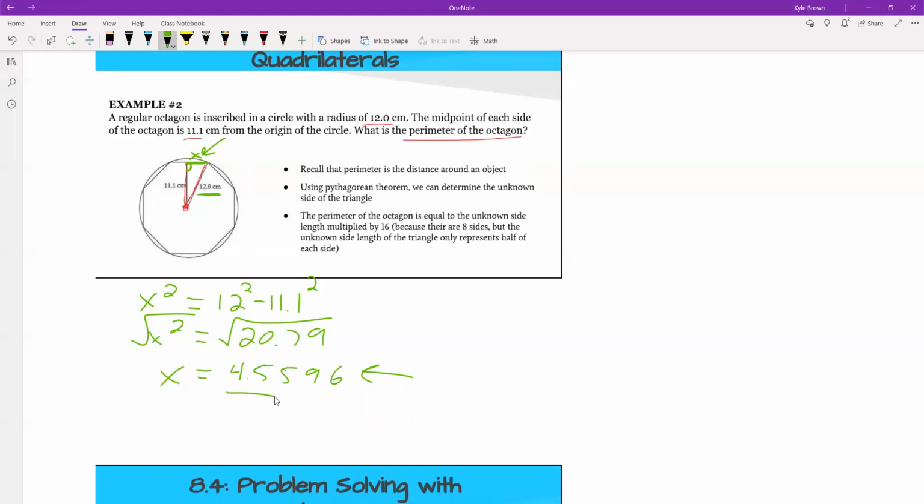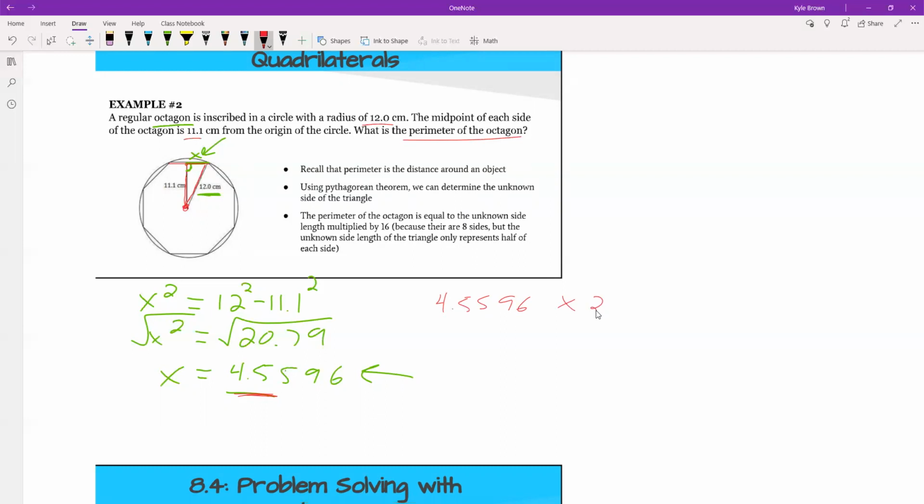Now, I'm dealing with an octagon, which has 8 sides. So a good way to do this is to figure out what one of these sides is. If half of it was that number, then I can figure out the whole thing just by going times 2. So 4.5596 times 2 gives the whole length there.